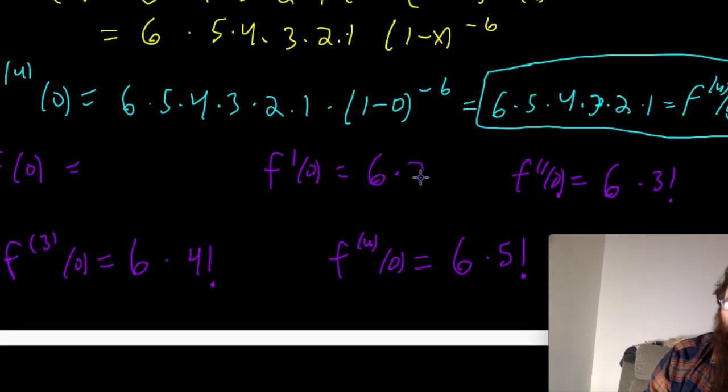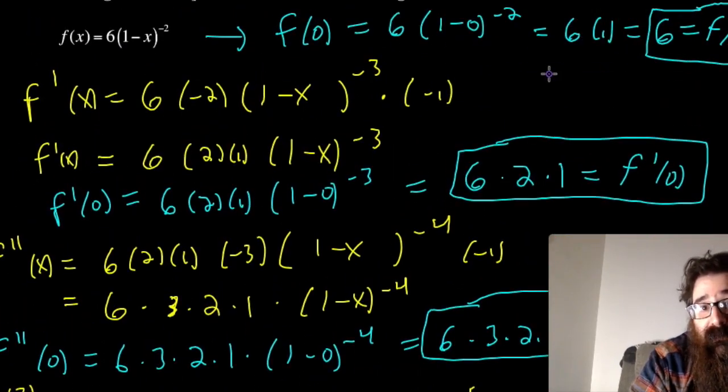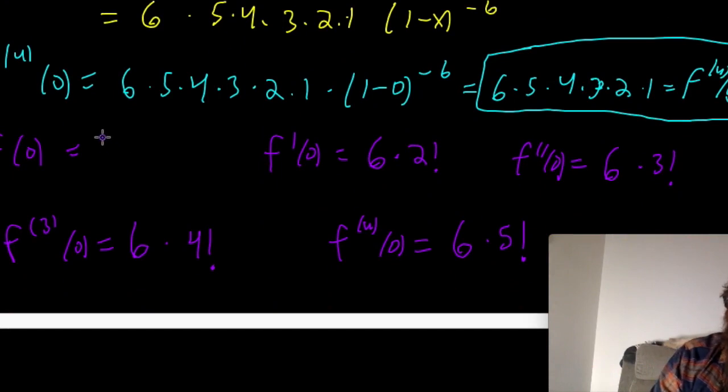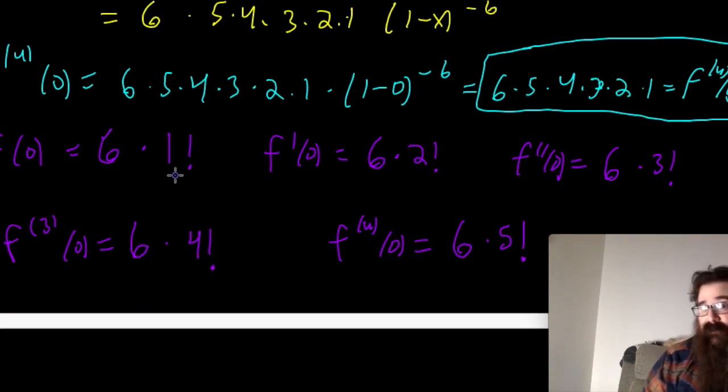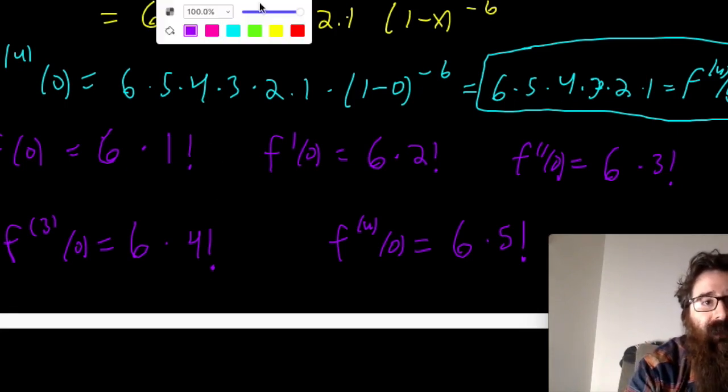And f at 0, that was just 6. But if I want to try to fit it to this pattern, I can do that at no extra cost. I could say this is 6 times 1 factorial, because 1 factorial is just 1, and 6 times 1 is still just 6. So here I have a really good idea as to how I can categorize what it is I'm working with.